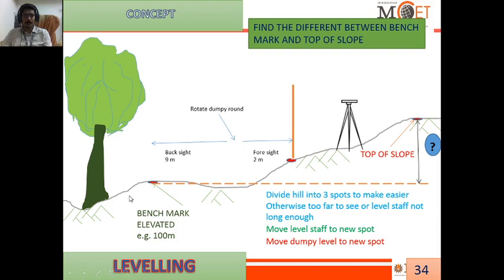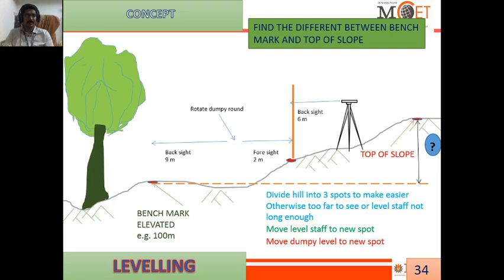No, we have shifted from this position. The known point is the reference. For the next setup, the last reading taken from the previous one becomes the reference point, that becomes the backsight, right? So now we have taken the staff reading over the same station.